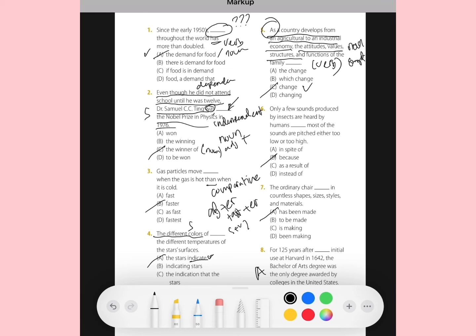Only a few sounds produced by insects are heard by humans. Blah blah blah. Most of the sounds are pitched either too low or too high. We have 2 subjects. We have 2 verbs. Okay, so you need something here. Yes, you need a conjunction.